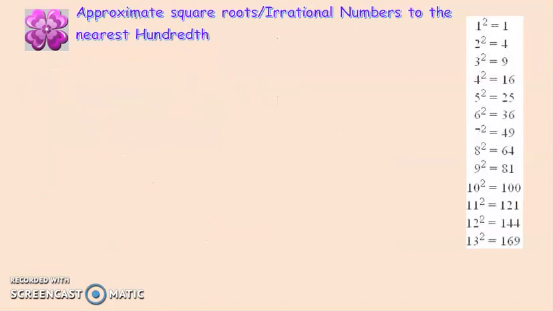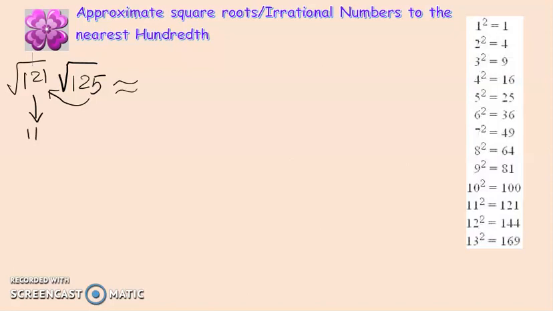Okay, last example. Let's see what would be the square root of, let's say, 125. Comparing with the list that you have here, the perfect square less than 125 is 121. So the root of 121. What's the root of 121? Obviously 11.